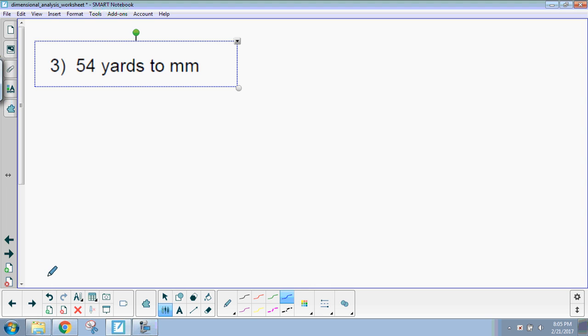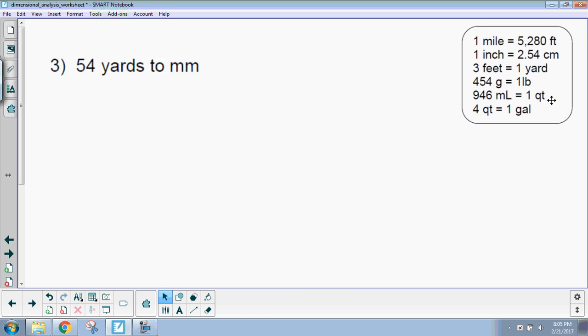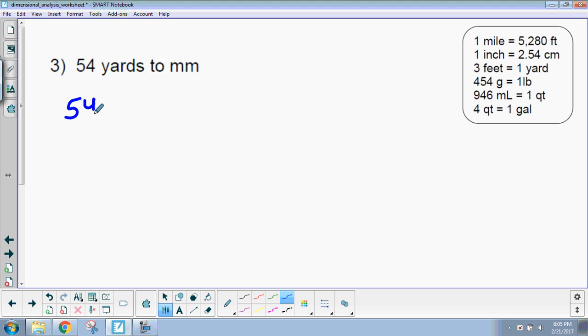This is from standard to metric, so I probably will need this chart. 54 yards. Look over here. 3 feet for 1 yard. I'm going to try that.